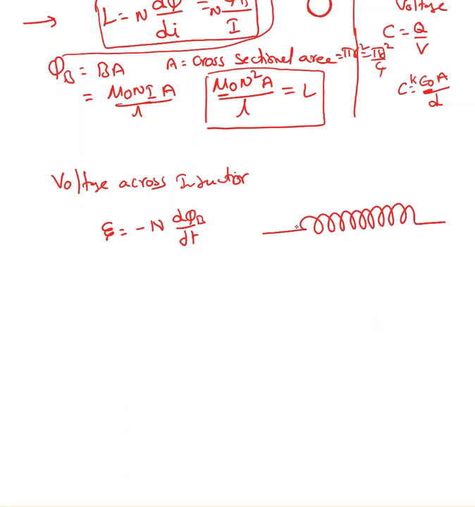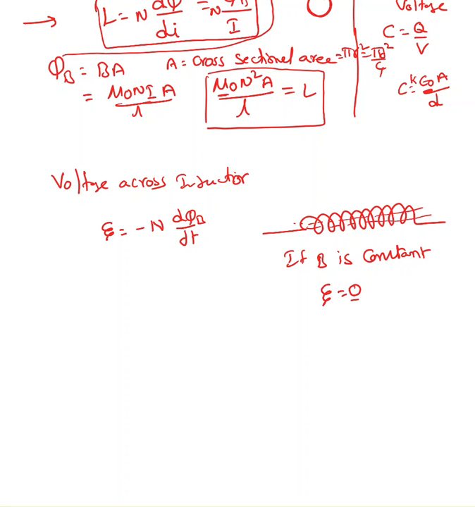What happens if this magnetic field is constant? Where do you get a constant magnetic field? If it is a DC source, whatever the power supply is a DC source, we say B is constant. If B is constant, what is the induced EMF?